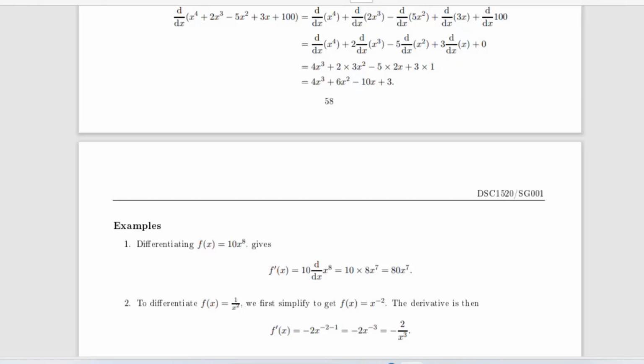Do you see the answer? -2x to the power -3. Do we all agree on that one? We seem to agree. Alternatively, you can bring that x to the power -3 below, then it will be -2 over x to the power 3.